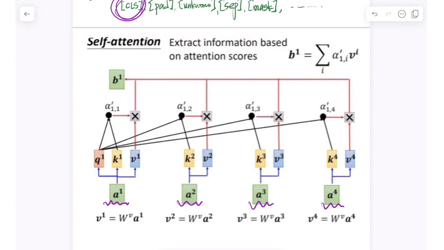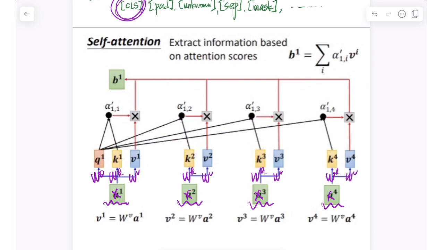We use 4 tokens to demonstrate this example. As in our previous figure, that should be X, and we have W^Q, W^K, and W^V.